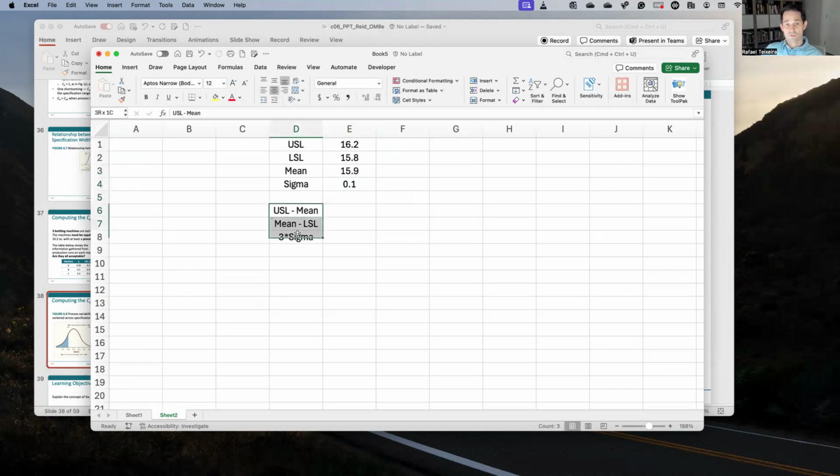So these are the pieces of information we need. First we need the difference between the upper specification limit and the mean. So I enter equal upper specification limit minus the mean. Then I have to compute the mean minus the lower specification limit. So equal mean minus the lower specification limit. And then I have to compute 3 sigma.